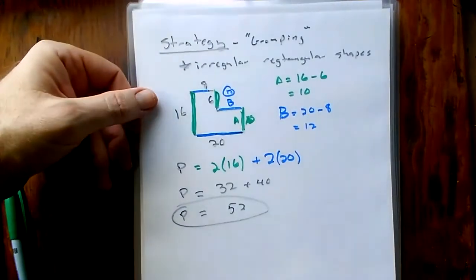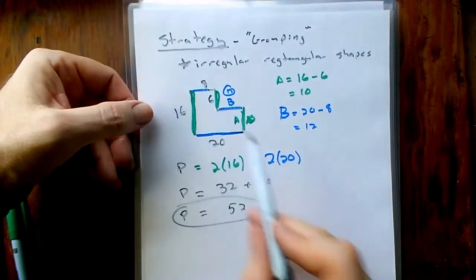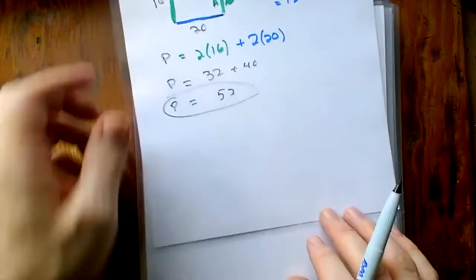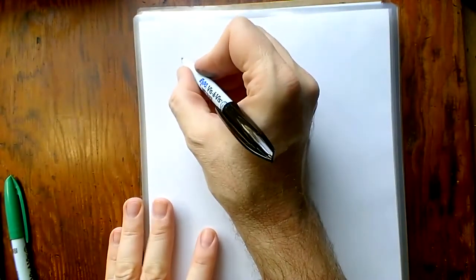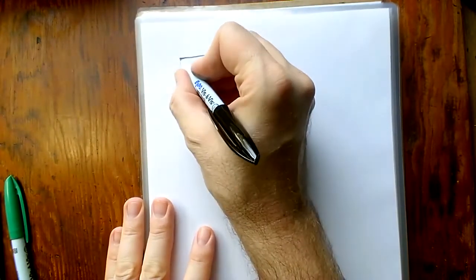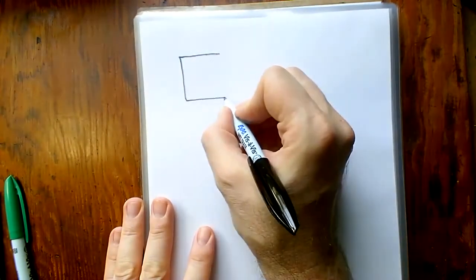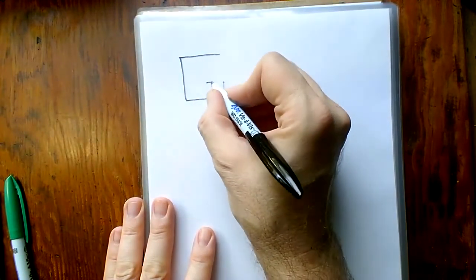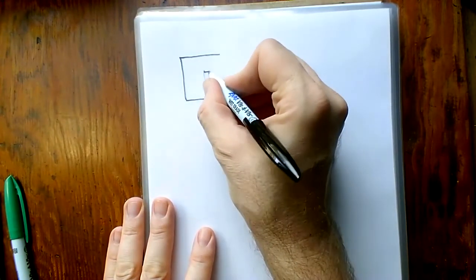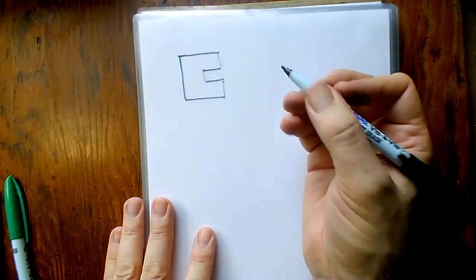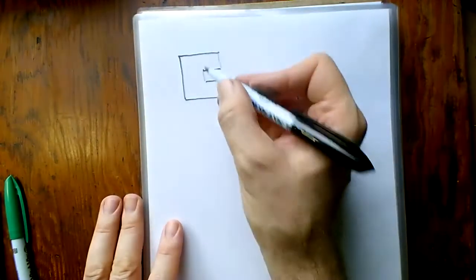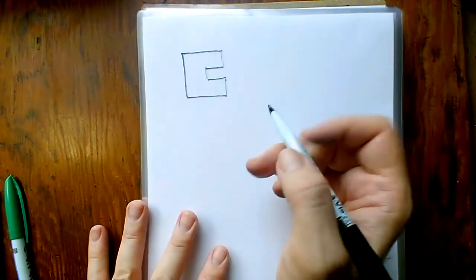And not always are things going to just total up the same way. I could have something where I've got maybe a cutout. And this is a little bit different, because with a shape like this, I'm not even going to put in any numbers here.